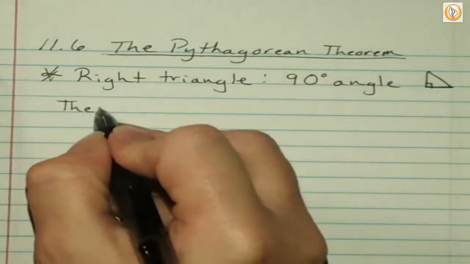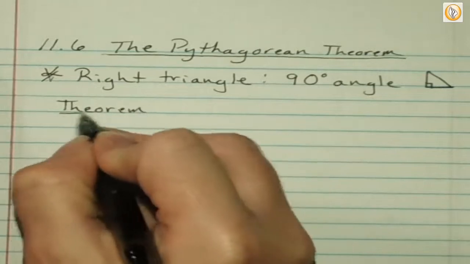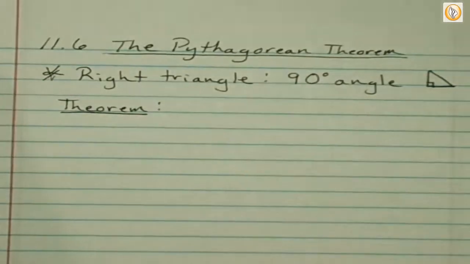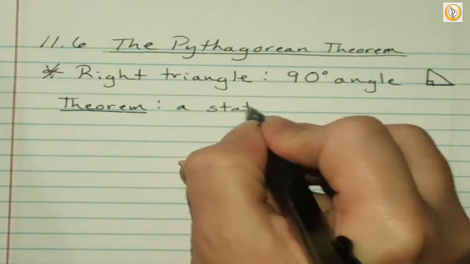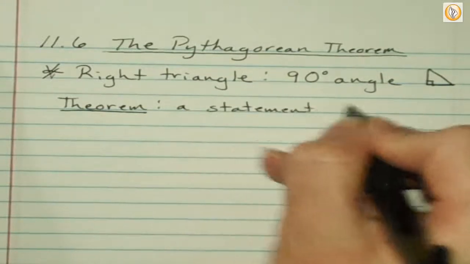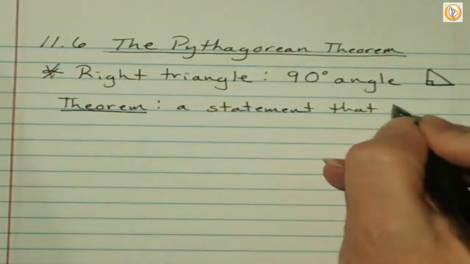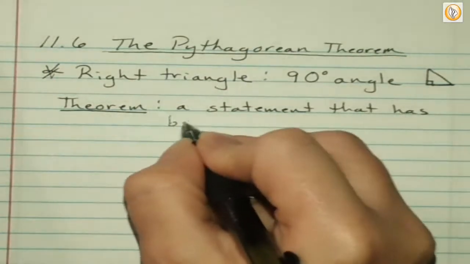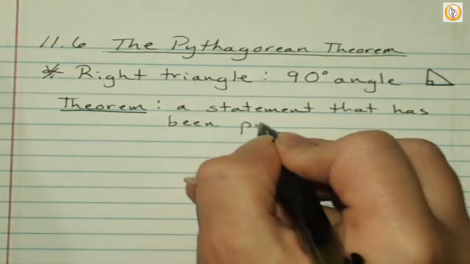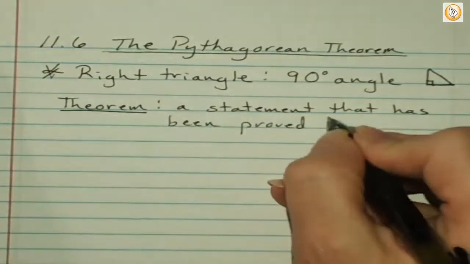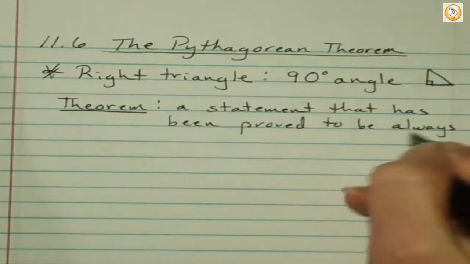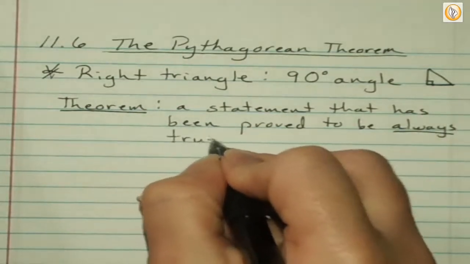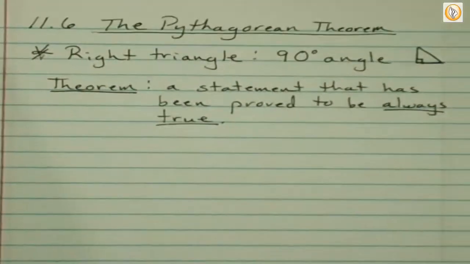A theorem. And you'll be learning a lot of this next year in geometry. It is a statement that has been proved to be always true in regards to math.